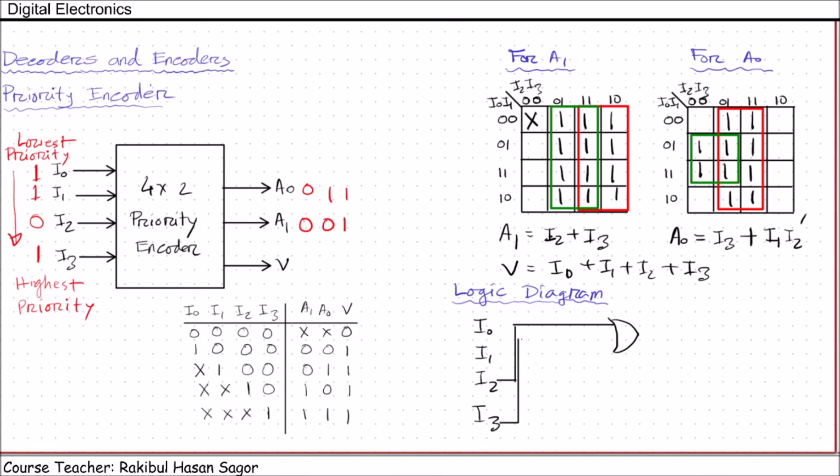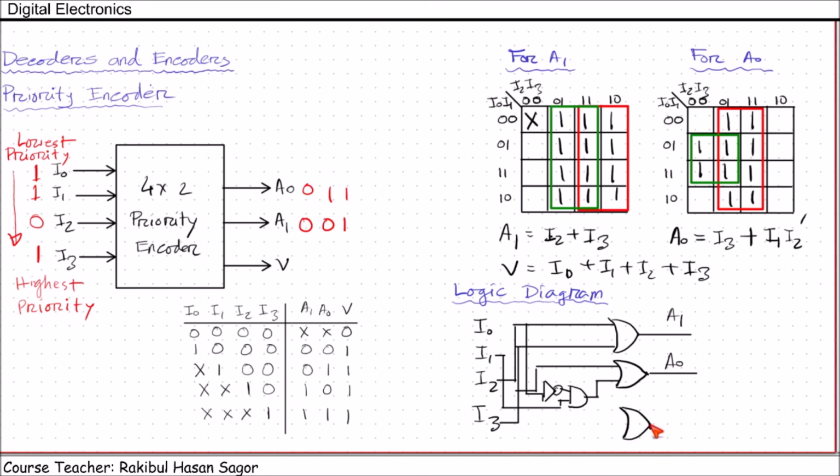Next, the output A0 can be written as I3 or I1 ANDed with I2 prime, and a NOT gate is used here. I2 prime will pass through this, and another input will come from I1. The output of this AND gate will go there and this will give us A0.